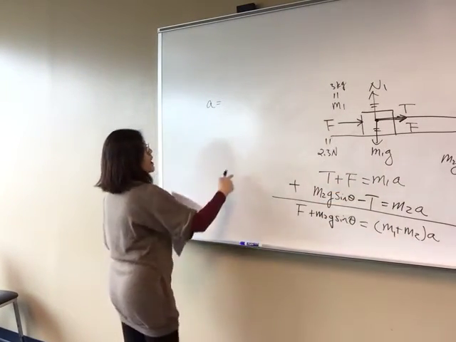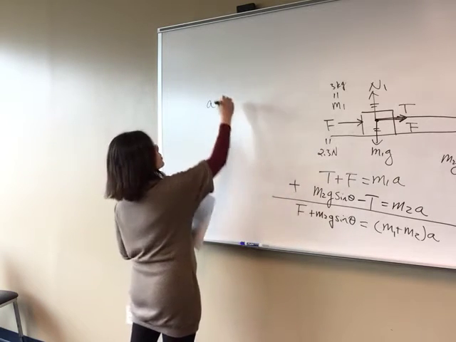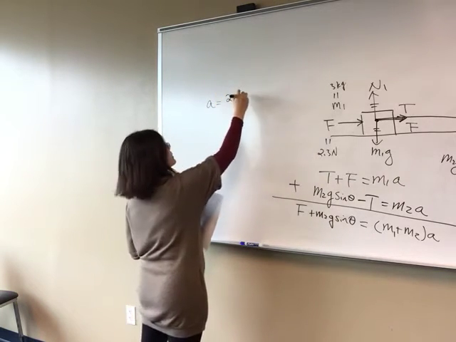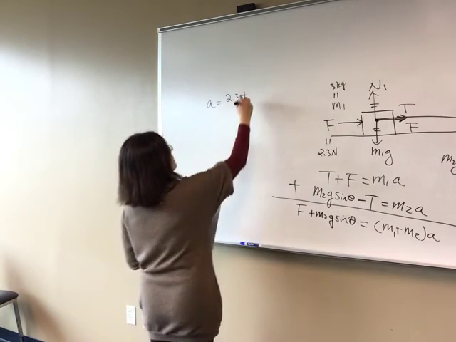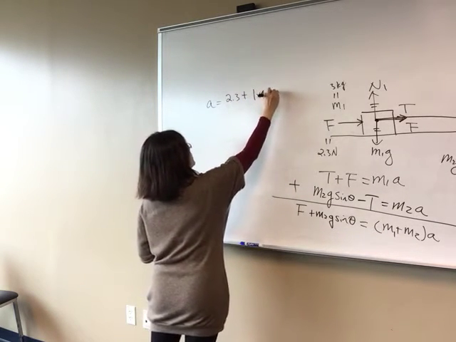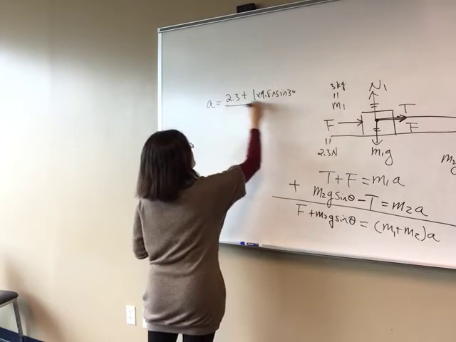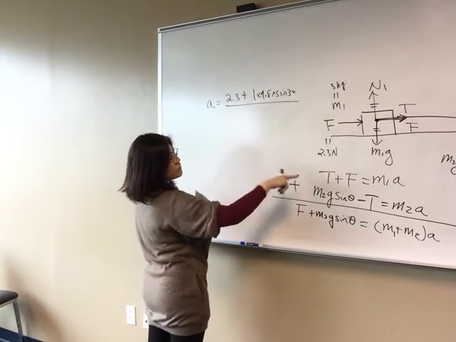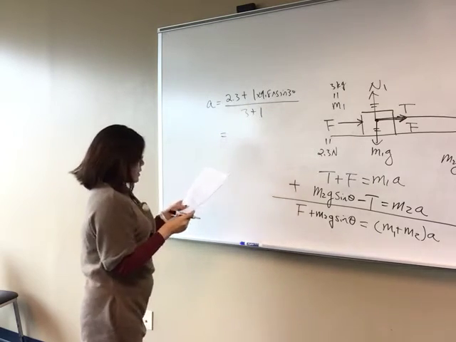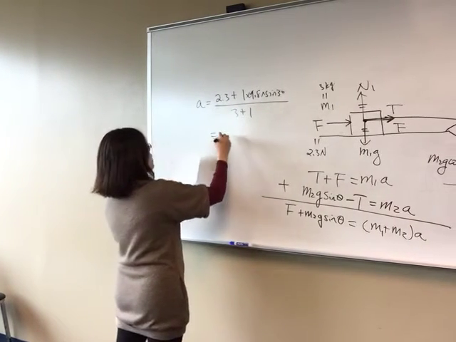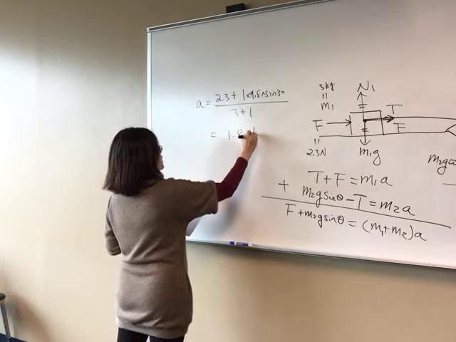So in this case, you have your F, which is 2.3, and then plus the M2G, so your M2 is 1, and then 1 times 9.8 times sine of 30 degrees, and then over the total mass, which is 3 plus 1. So your acceleration, when you do the calculation, you should get 1.8 meters per second squared.